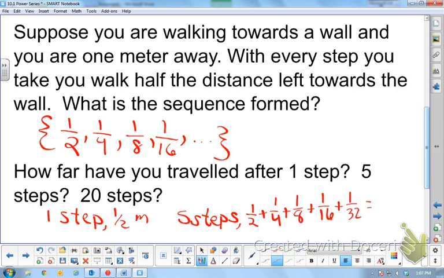I am not going to have us solve that by hand, even though we could. I want you guys to just plug that into your calculator. And then I also want you to find after 20 steps. How far have we traveled after 20 steps? So I'm going to give you a minute or two to solve for after 5 steps and after 20 steps.